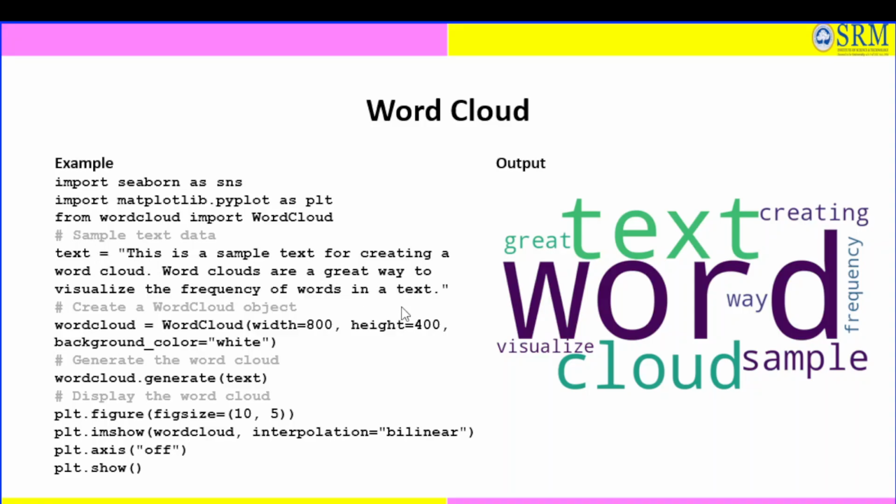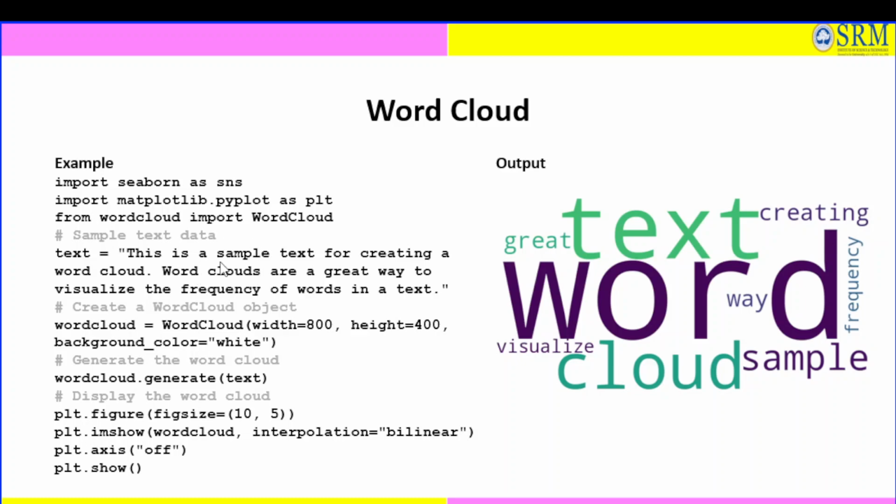The word text occurs two times, and the word a occurs three times. So it finds the number of times each word occurs in the sentence, and accordingly a word cloud is created.